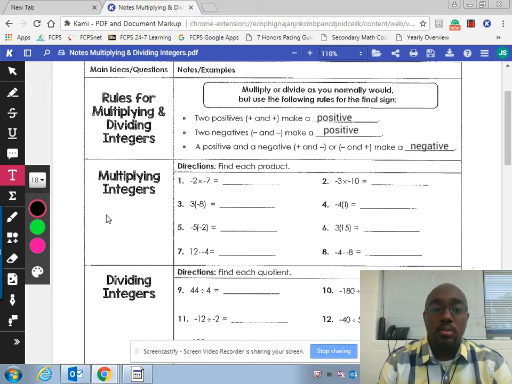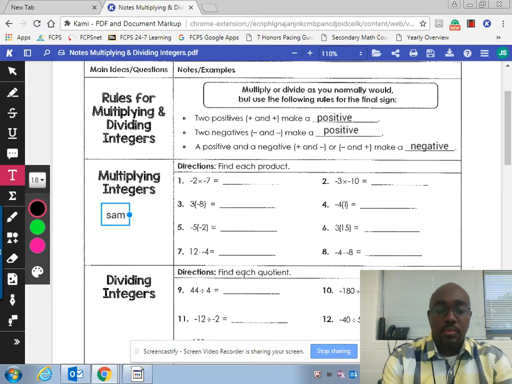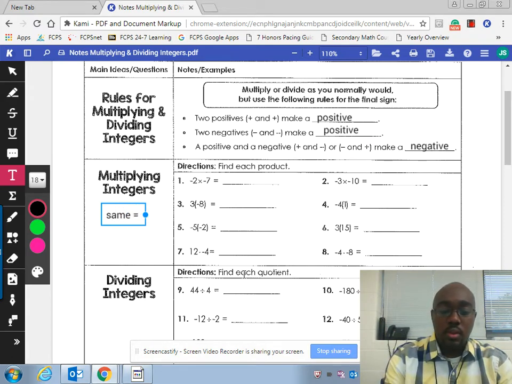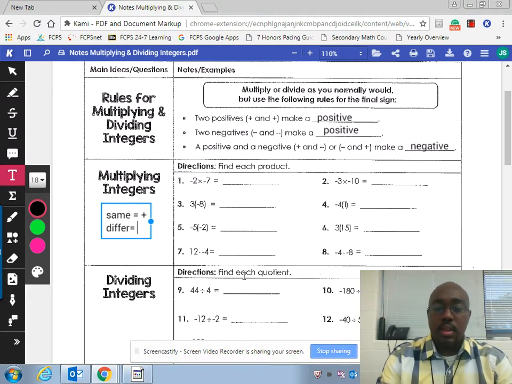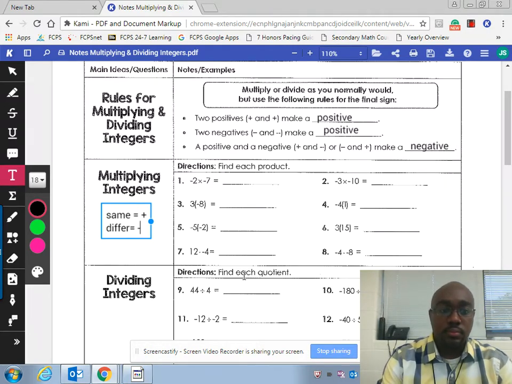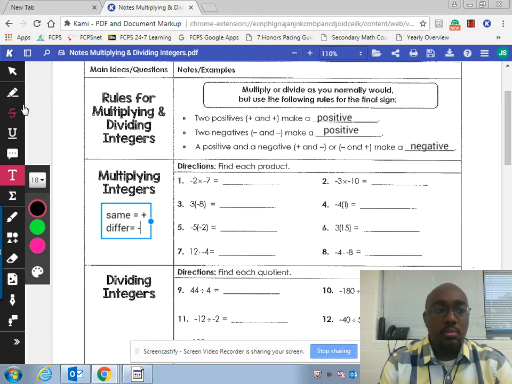So right here in your notes, go ahead and write: same equals positive and differ equals negative. Okay, going to give us a negative answer. We need to make sure that we remember that when we are doing these problems.